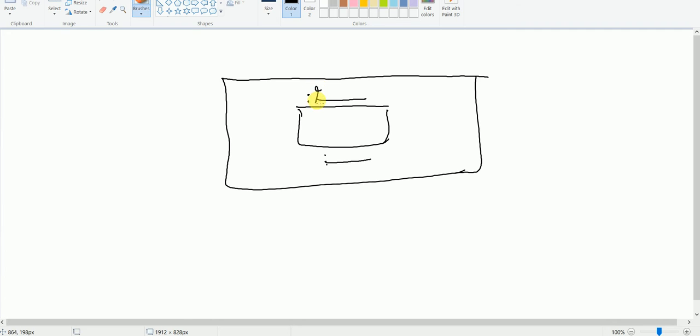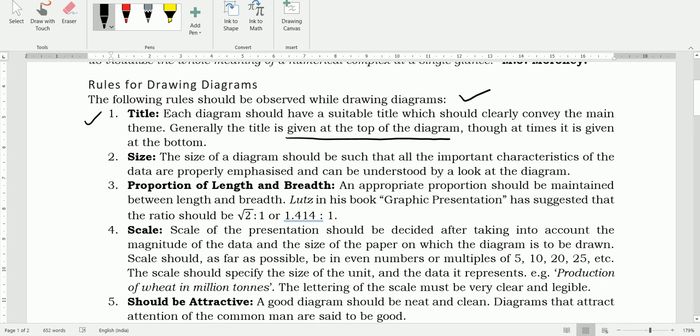For example, India, then soils, like this. So generally we give the title at the top of the diagram in practical work. And remember, the title should tell the main theme of the data.